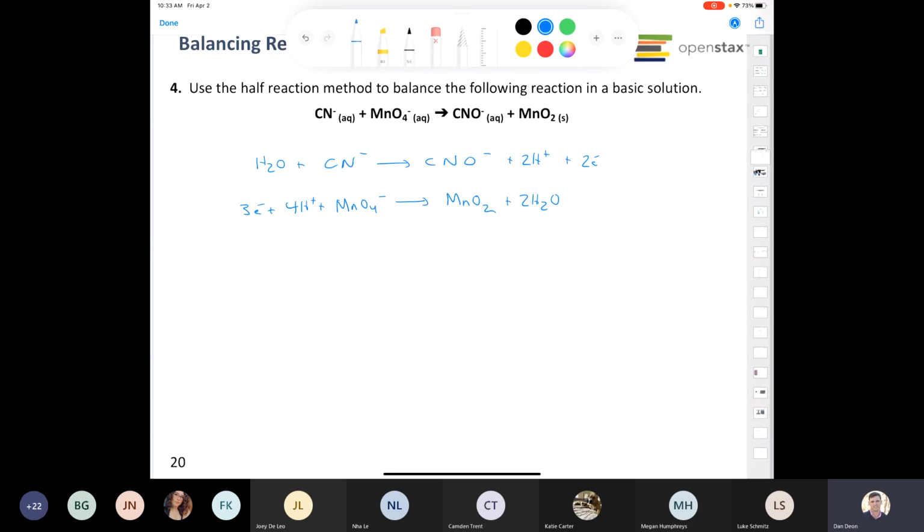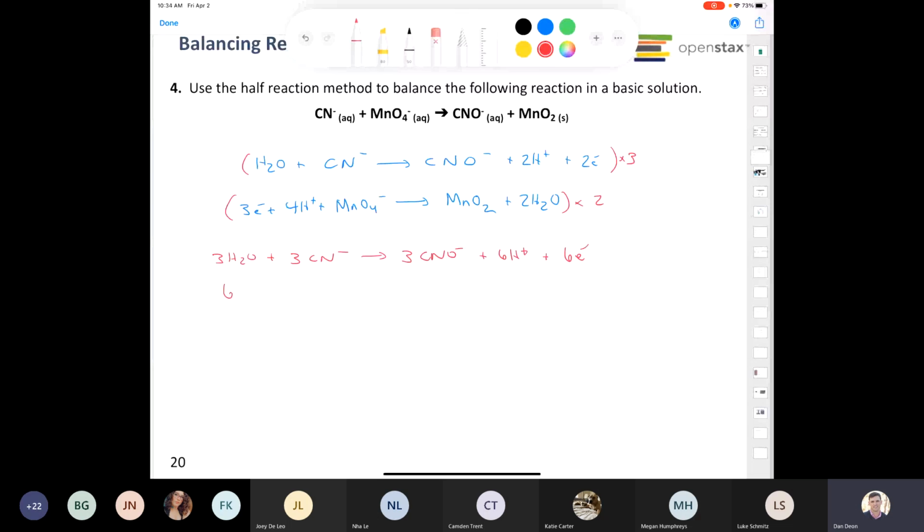Now, I can't add these reactions together, can I? I have to multiply the one on top by 3 in order to get 6 electrons, and I have to multiply the one on the bottom by 2 in order to get 6 electrons. So now let's write down the new reaction. So we've got 3 H2O plus 3 cyanides gives us 3 CNO minus plus 6 H plus plus 6 electrons, like that.